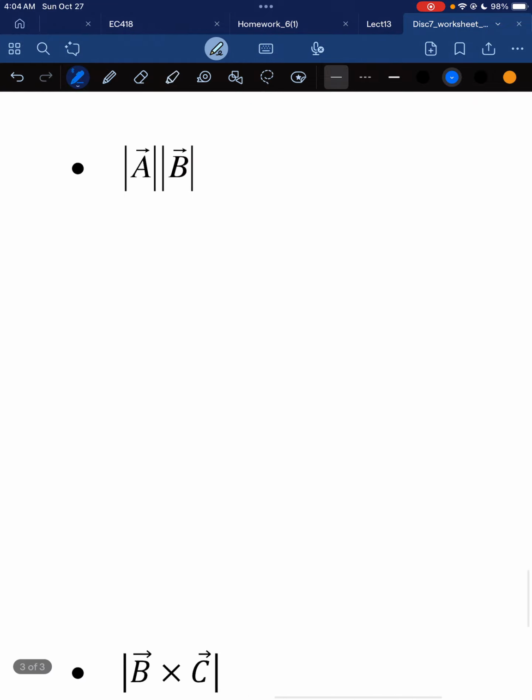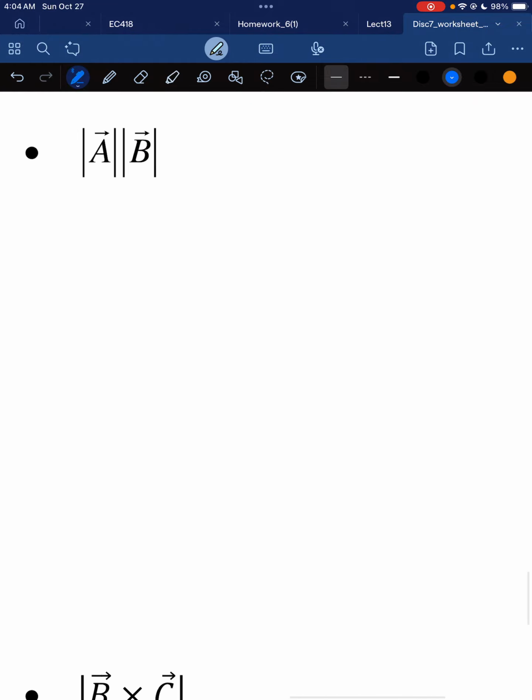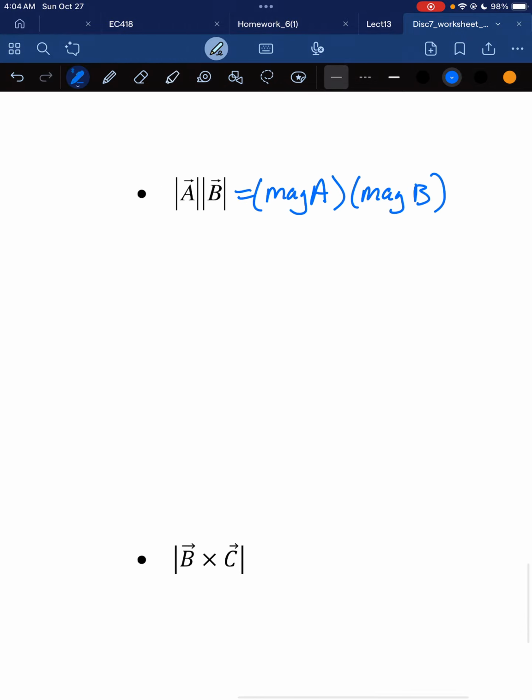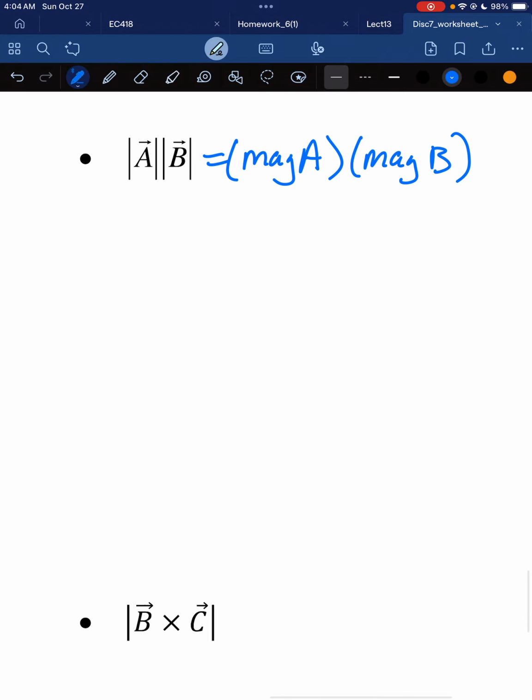And here, like I said earlier, the vertical lines mean magnitude. So what we're going to do is take the magnitude of A and multiply it by the magnitude of B. And so the magnitude of A is going to be equal to 1 squared plus 2 squared plus 3 squared, the square root of the entire sum.